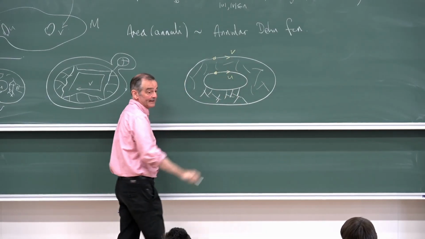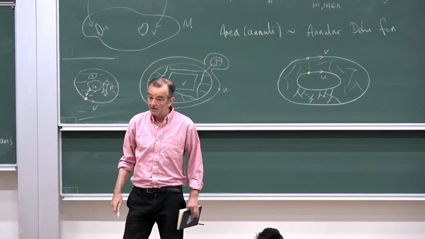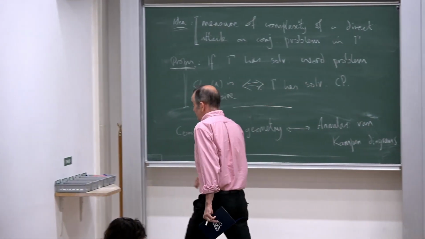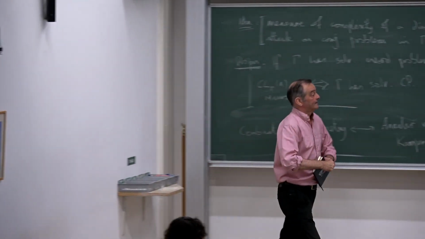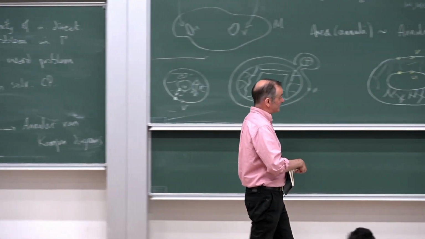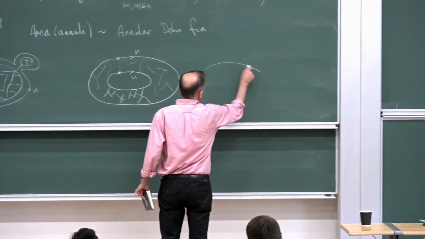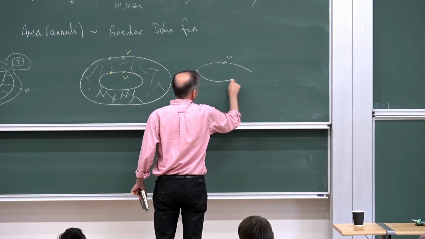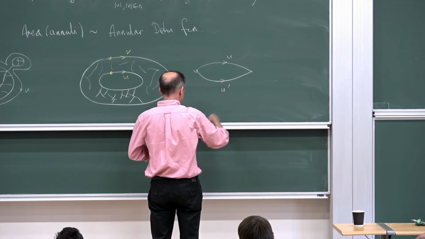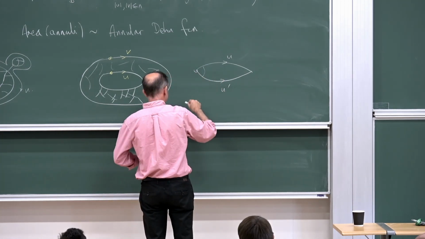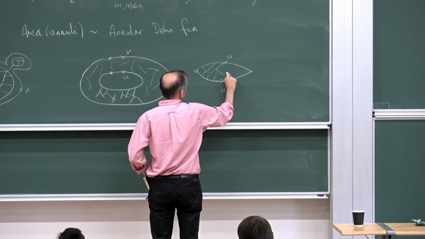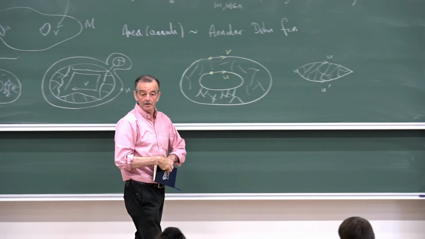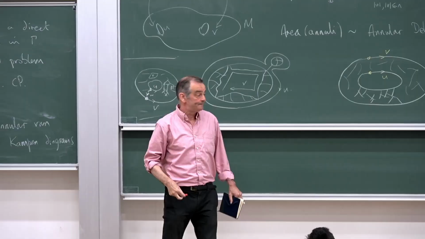Your words have to label the circuits on the inner and outer labels of this diagram. But you see, if you give me some other word u prime representing the same group element, well then there'll be some Van Kampen diagram, a disk diagram showing that u equals u prime in the group.